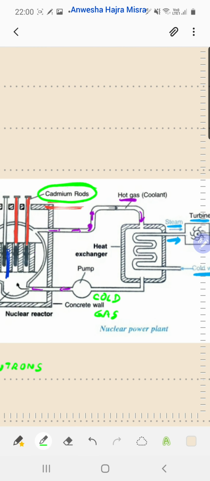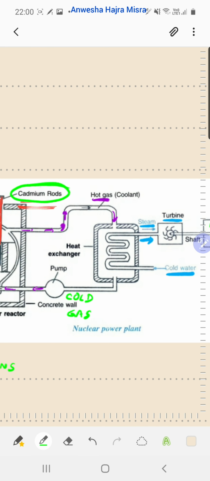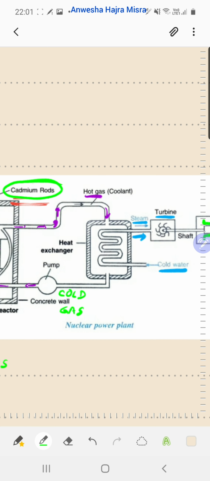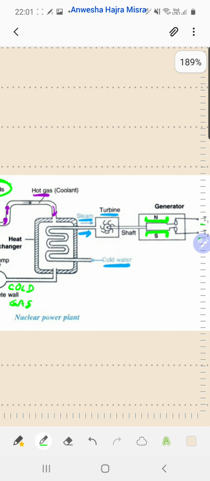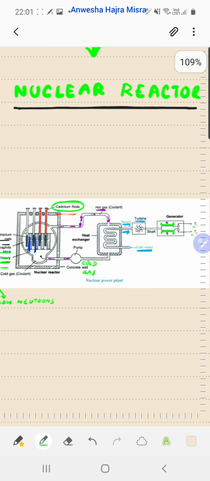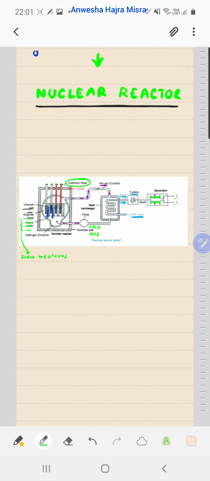Now, when hot gas comes out here, cold water comes in. As cold water comes in, it gets heated by the hot gas. Steam comes out. Now steam rotates the turbine. With the turbine, with a shaft is attached the coil which rotates in a magnetic field, and whenever a coil rotates in a magnetic field, you have current generated. This is how nuclear energy is used in the power plant.